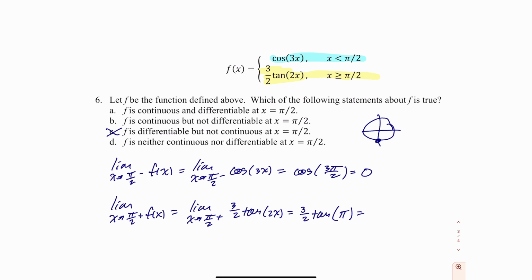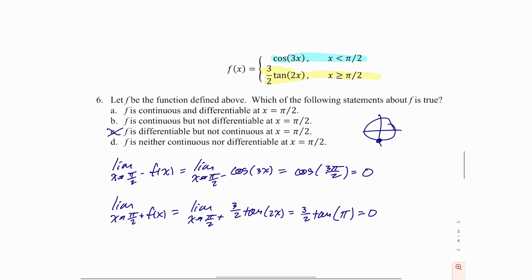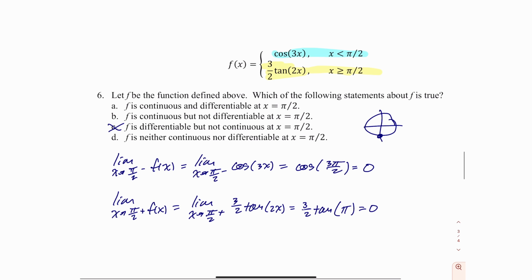Tangent of pi is 0, so this is 0. And then we also technically need f of pi over 2, but because of the way it's defined, the limit from the right is equal to the value, so this is also 0. Okay, so definitely continuous. So D is out.